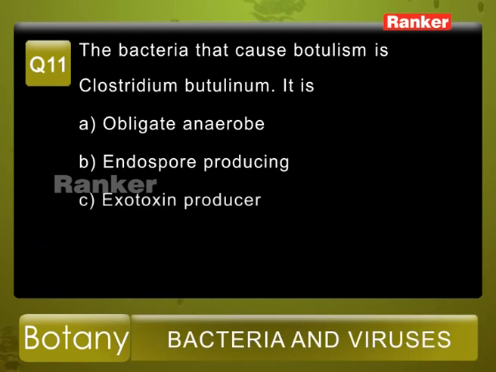Question number 11. The bacteria that cause botulism is Clostridium botulinum. It is, the given options are A, obligate anaerobe, B, endospore producing, C, exotoxin producer, and D, all of the above.